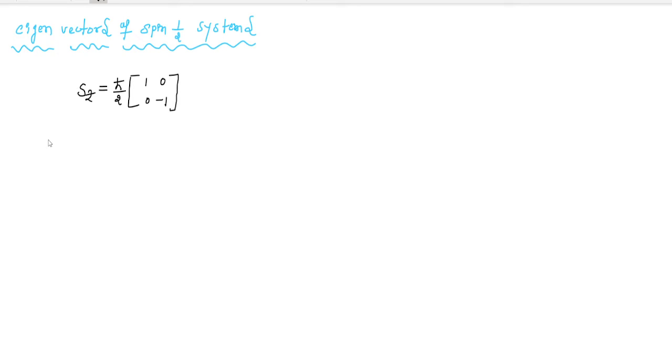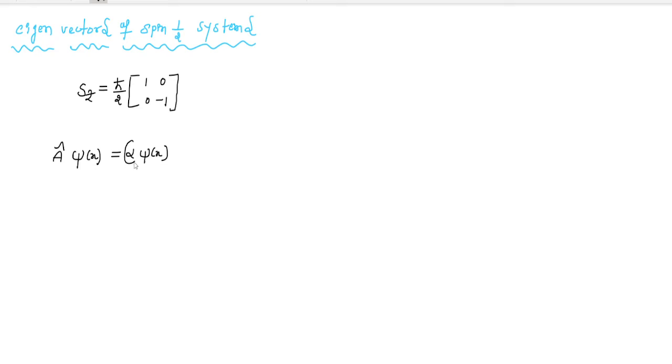Before explaining this, I want to explain one thing to you. If an operator A is applied on a wave function, it gives the same wave function multiplied by some constant value.